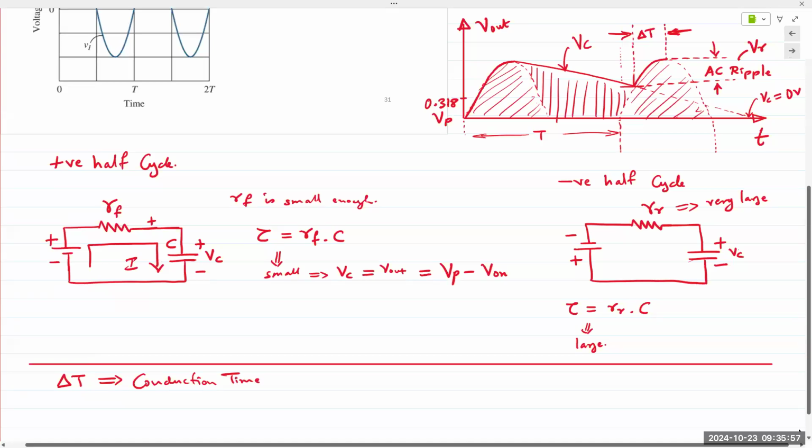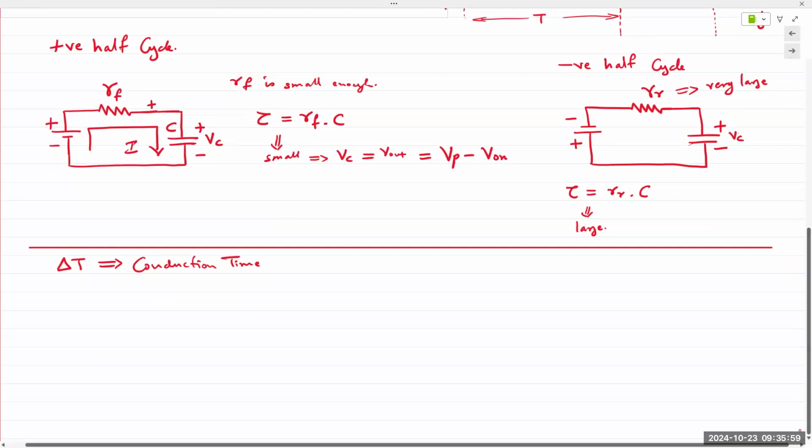This would be in seconds. And then the angular representation of delta T is theta C and is known as the conduction angle.